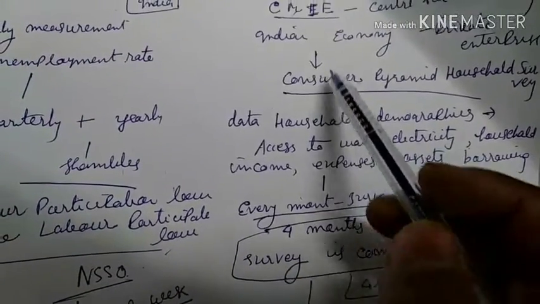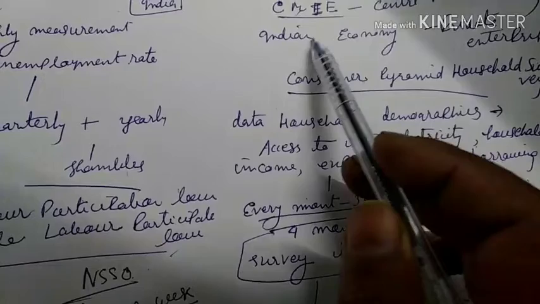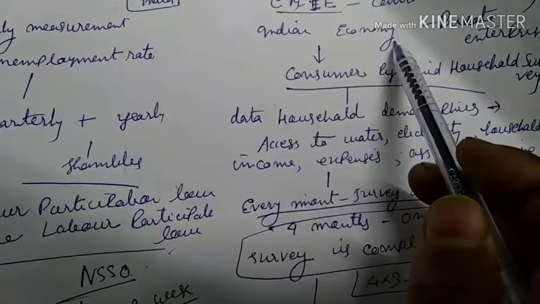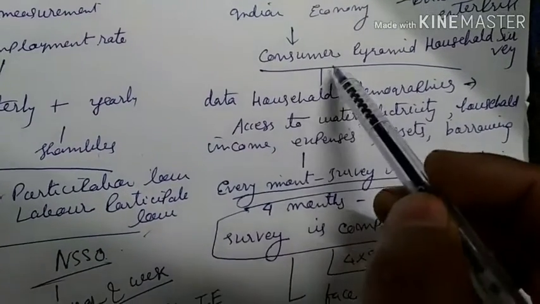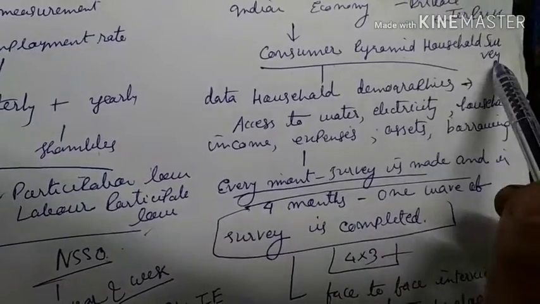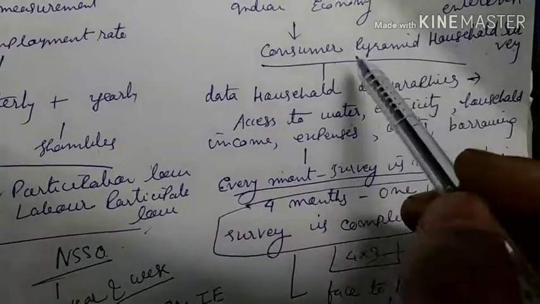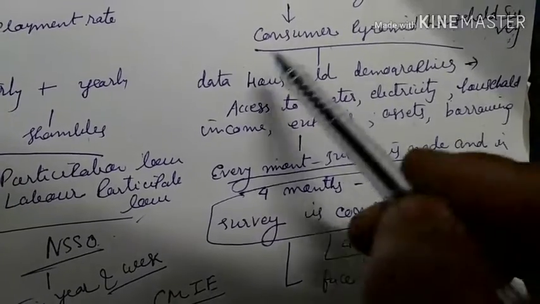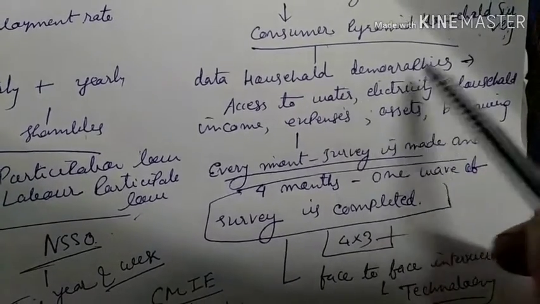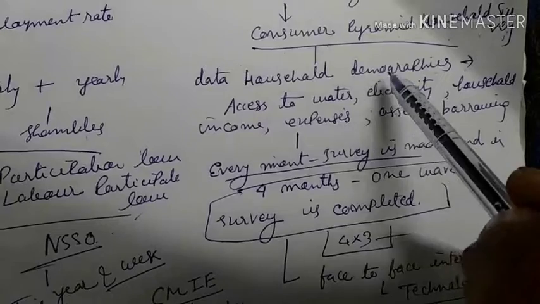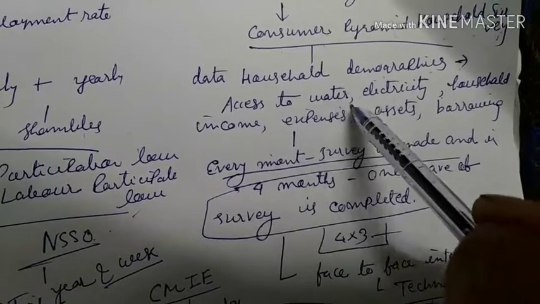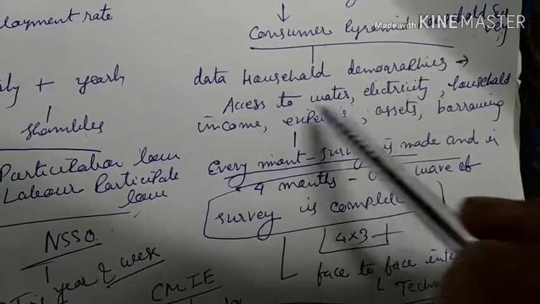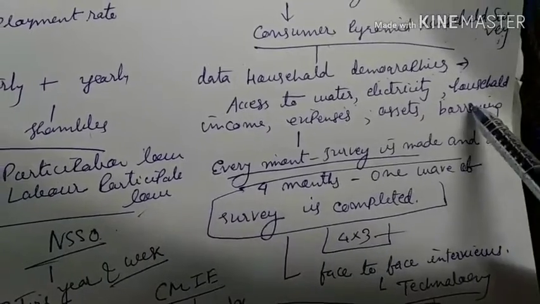So what does this private enterprise CMIE do? It takes the help of the Consumer Pyramids Household Survey. And what is this survey? It is a kind of data on household demographics. It measures data regarding access to water, electricity, household income, expenses, assets, borrowing, etc.